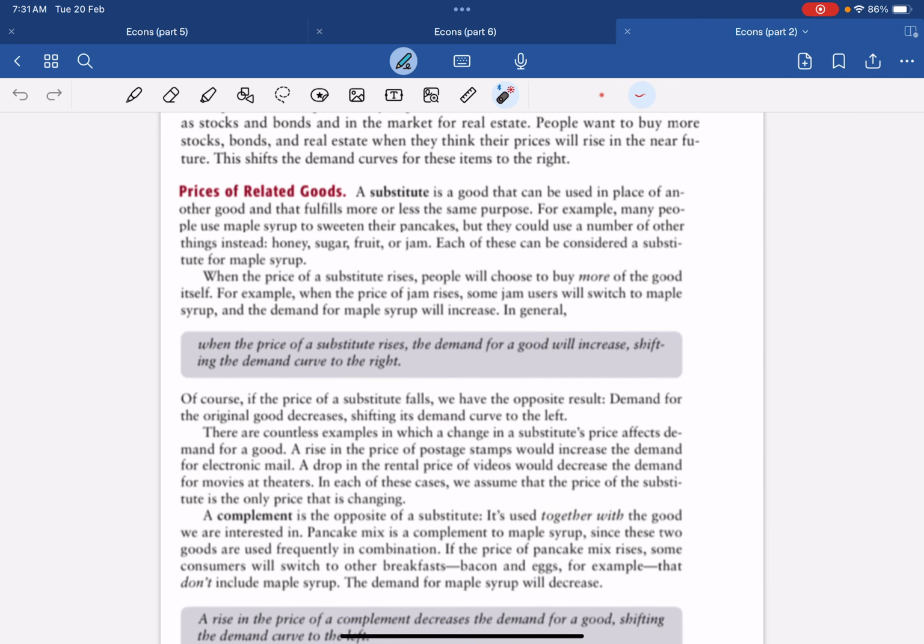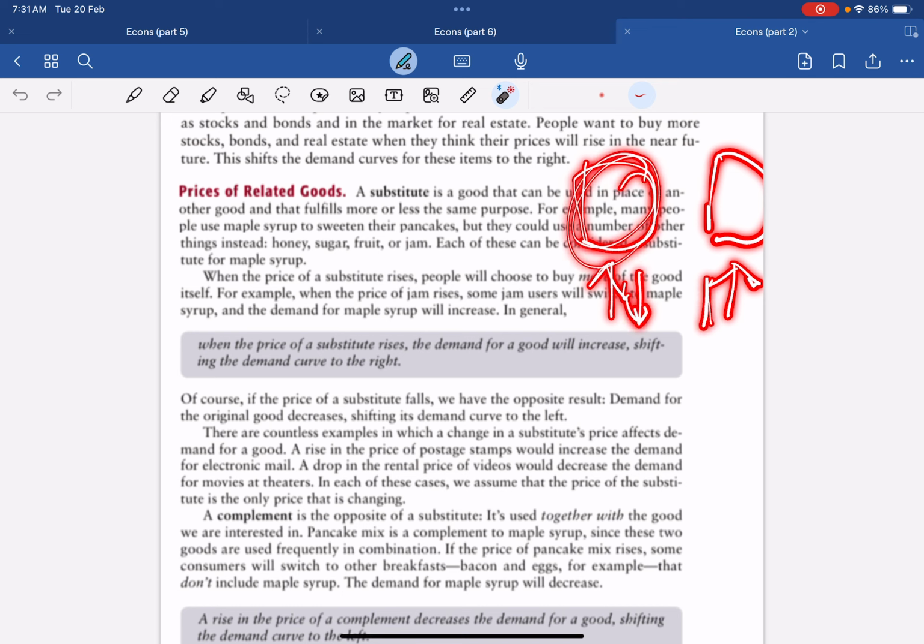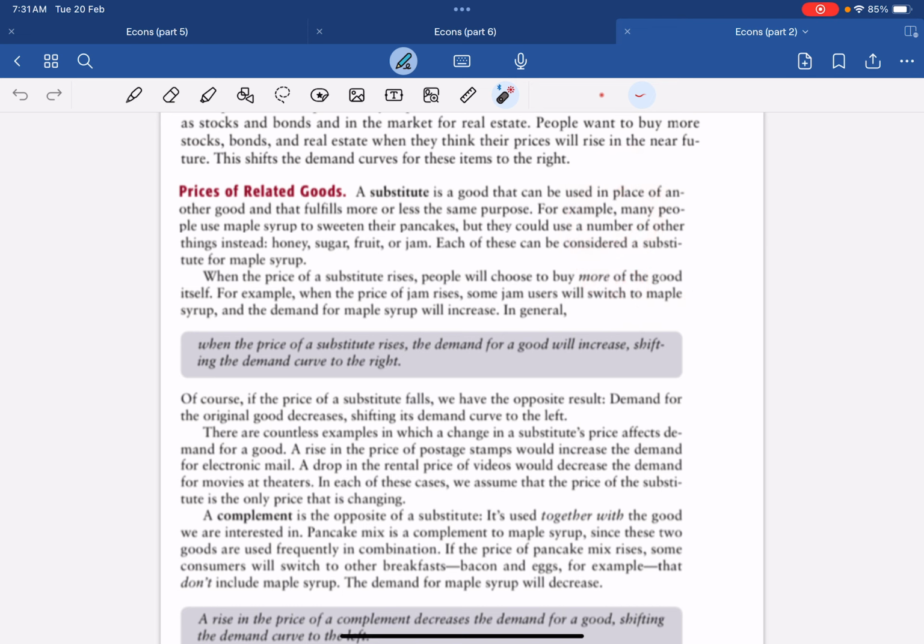And one of the most common ones will be the price of related goods. So goods can also be categorized into substitutes and complements. Substitute means that if this is your good that you want, for example, a red apple from this species and another type of red apple, then when this red apple increases in price, it will cause this demand to increase as well, because here the demand will fall and people will shift over to here, so the demand here increases. So if the price of a substitute rises, then the demand of your good will also increase.